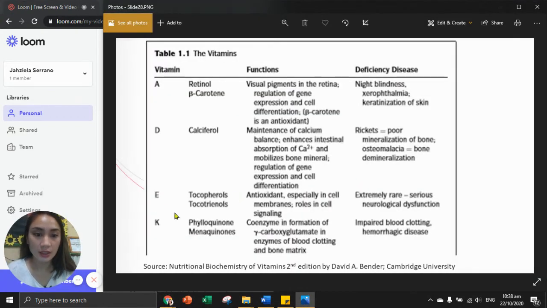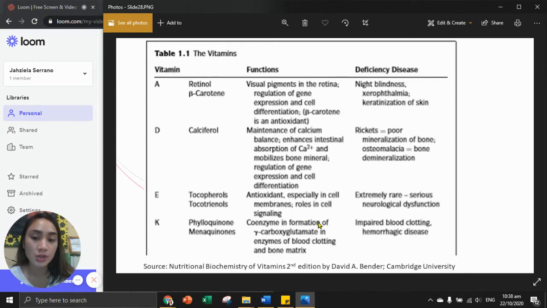Okay, so, nandito na tayo sa vitamin K. So, also, ang active form niya ay phylloquinone and menaquinone. So, dito, ang vitamin K acts as coenzyme. So, again, it helps in speeding up the reactions para sa blood clotting and bone matrix.